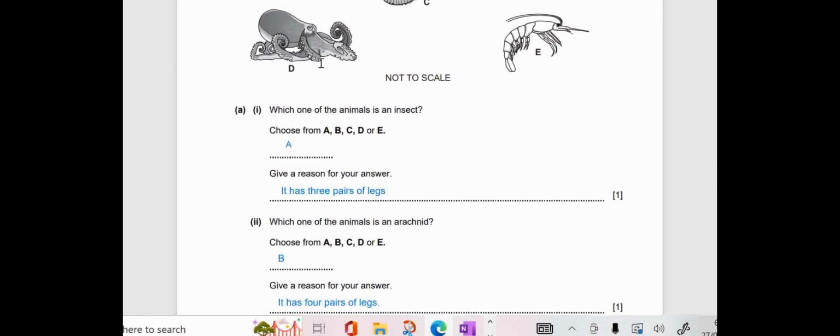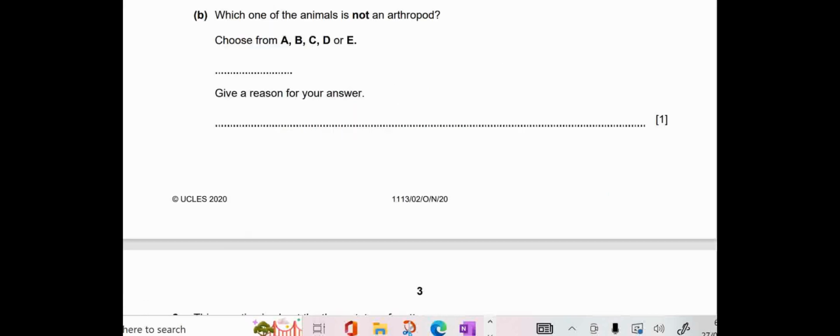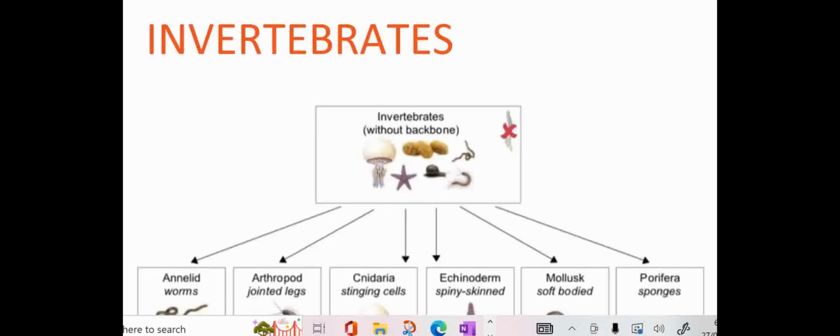Next, question B. Which one of the animals is not an arthropod? Choose from A, B, C, D, or E. Give a reason for your answer. Now let's check what is arthropod. The animals in the question are all invertebrates. It means they don't have a backbone.